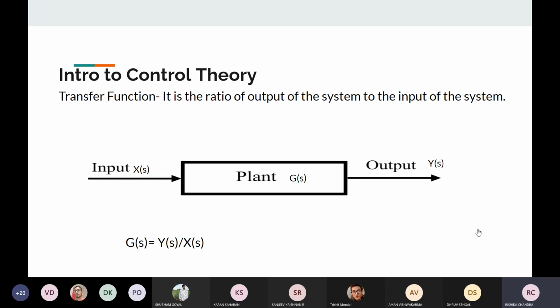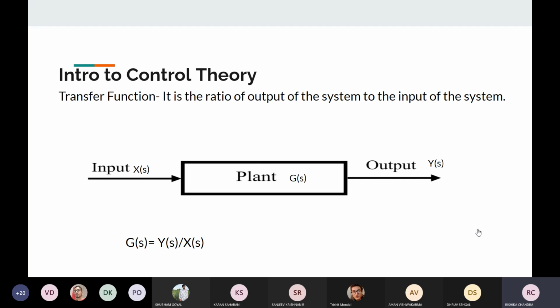So, intro to control theory. Let's start with a simple example. Let's say you have an autonomous car and it has a controller. It has a device that controls the speed of the car, and the input is the roads, the traffic, and the output is the speed it's giving. So the device is controlling the speed of the car, so that is a controller.